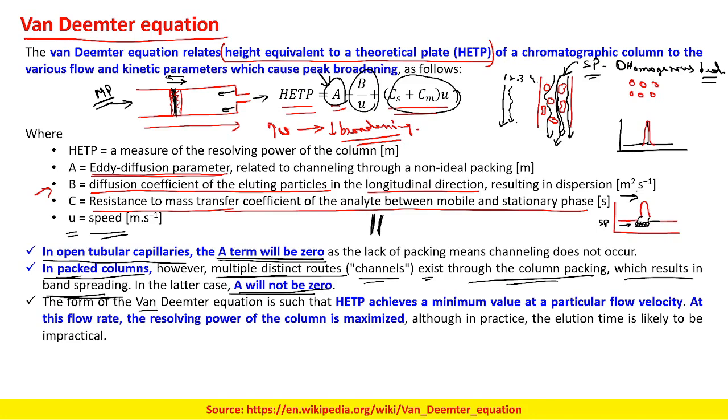The form of the Van Deemter equation is such that HETP achieves a minimum value at a particular velocity. At this flow rate, the resolving power of the column is maximized.